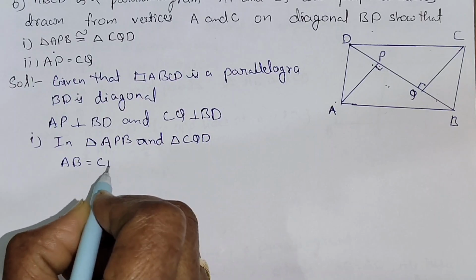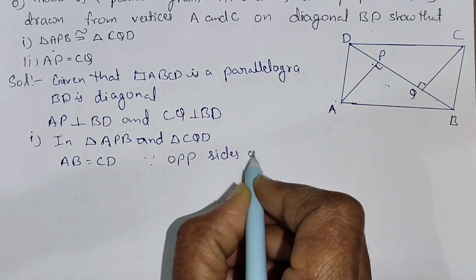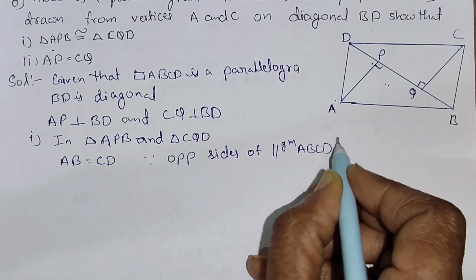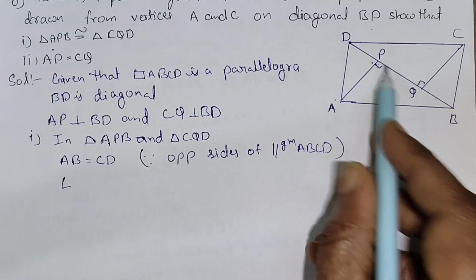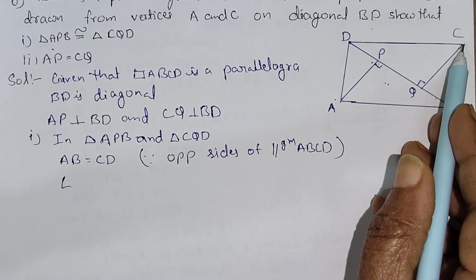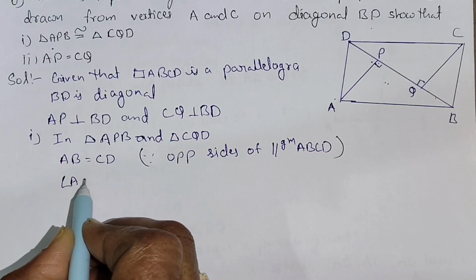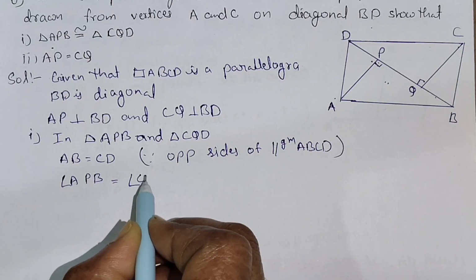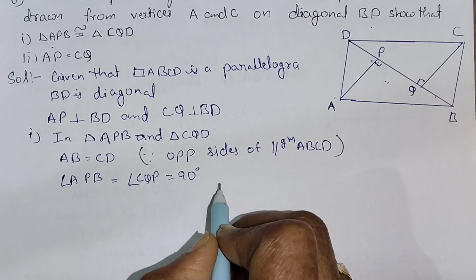Next, angle APB equals angle CQD, both equal to 90 degrees.